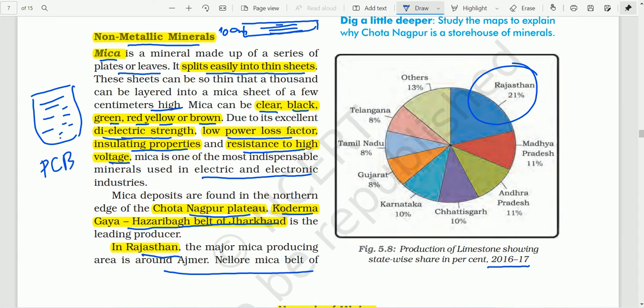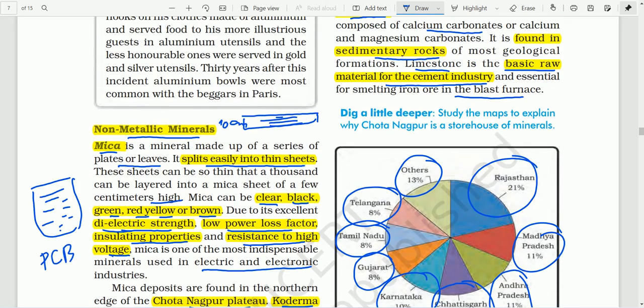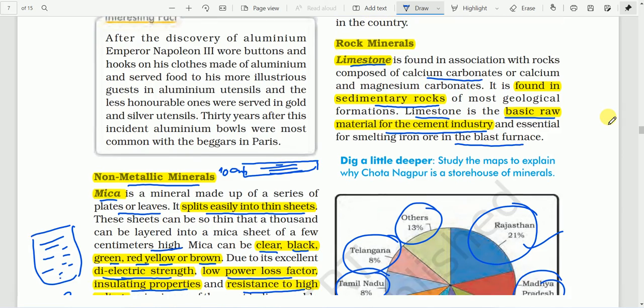Then Andhra Pradesh and Madhya Pradesh 11%, followed by Chhattisgarh 10% and Karnataka also 10%, Gujarat, Tamil Nadu and Telangana 8%, then remaining other states 13%. So Rajasthan is the leading producer of limestone.